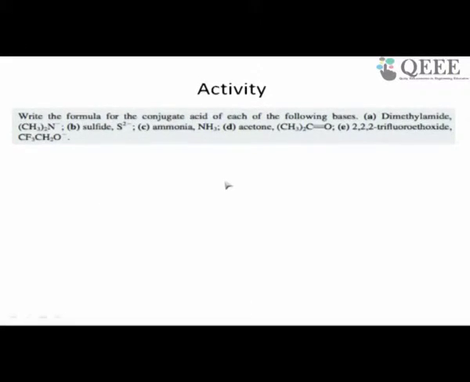This is another activity, which is to write the formula of the conjugate acid of the following bases. This is already told, this is acting as a base. A base is something which abstracts a proton. So you have an N minus, a negatively charged species. This is going to abstract a proton, from where? Obviously from water.